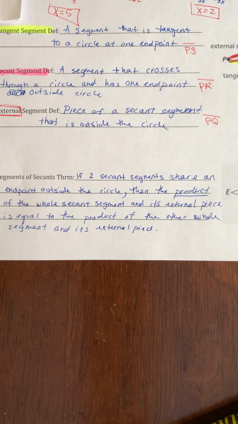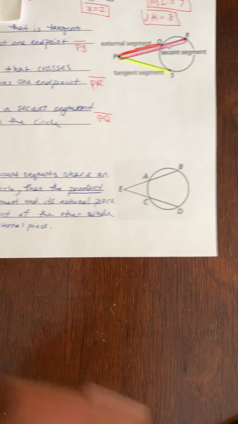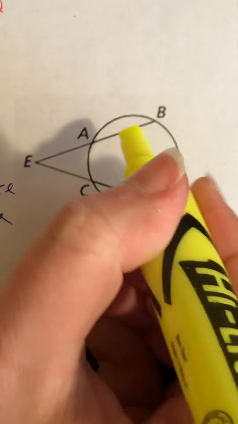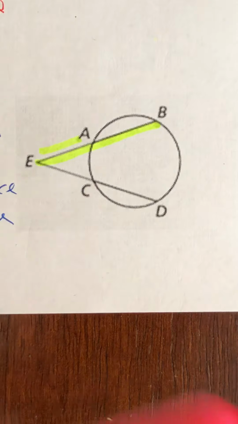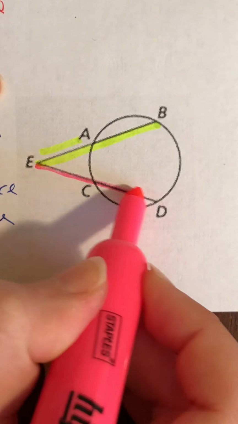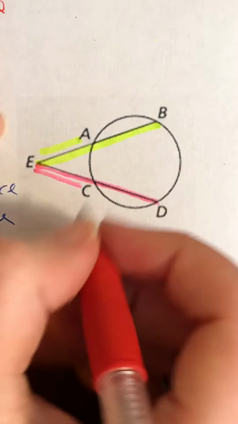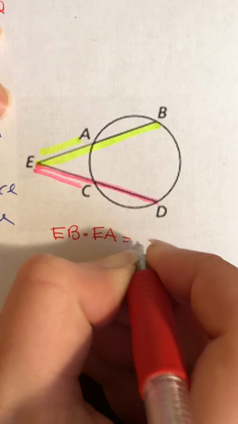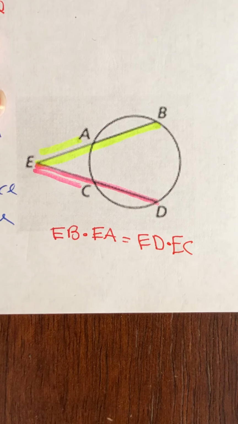So it's similar to that first theorem we did, the product of the two pieces. The only difference is now I'm taking the product of this whole thing and the piece outside, and it's equal to the whole thing and the outside piece. So here, EB times EA, that's going to equal ED times EC.